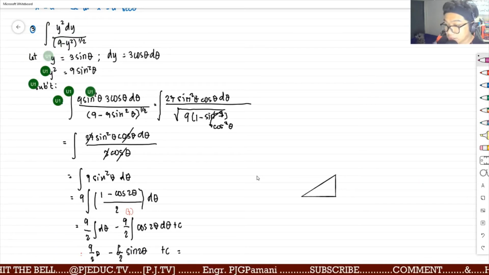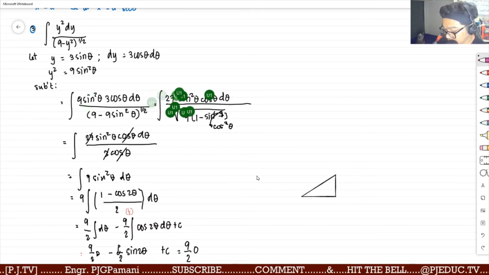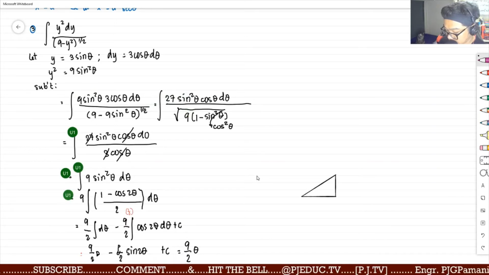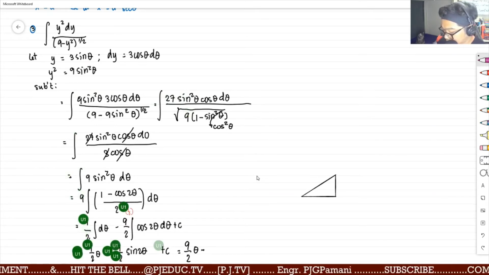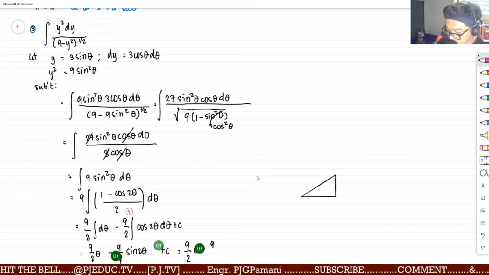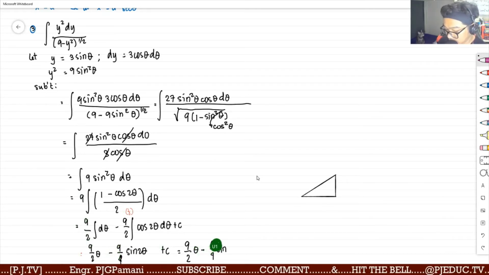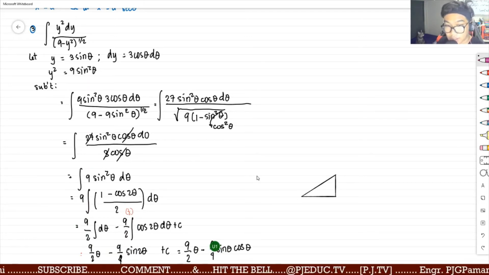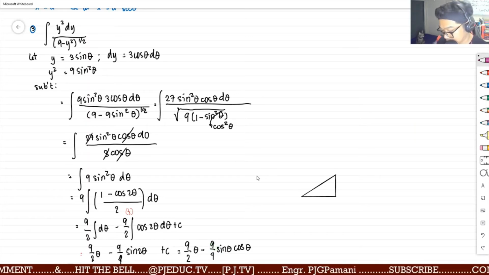Or that is the same as 9 half theta minus 9/4 sine theta of cosine theta, right? Plus c.